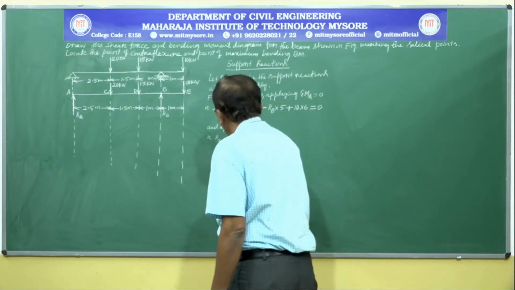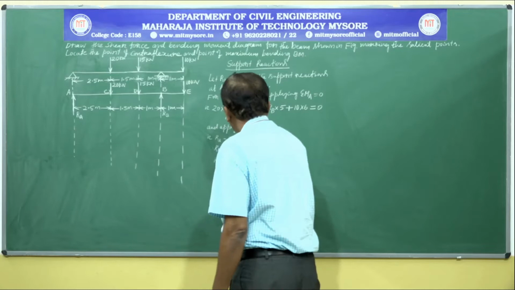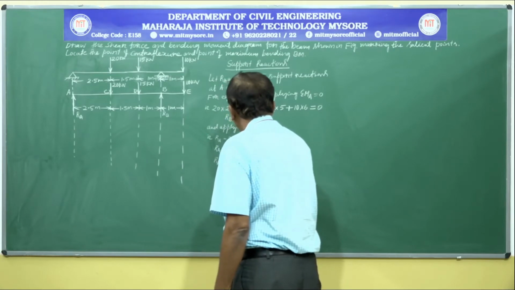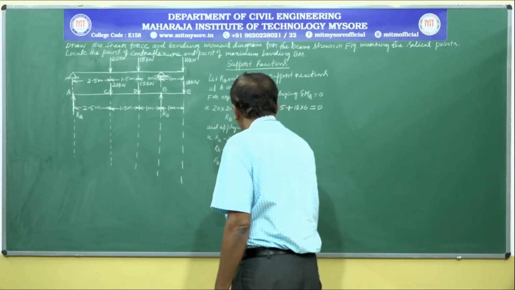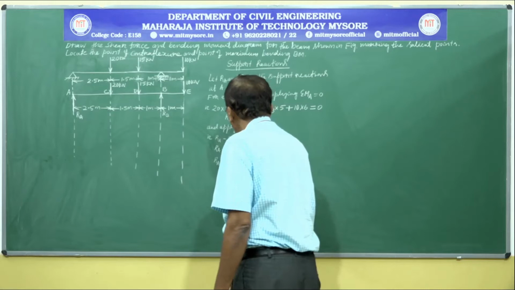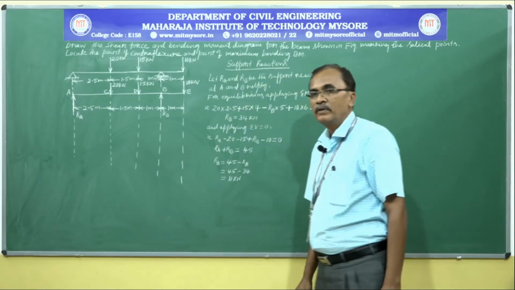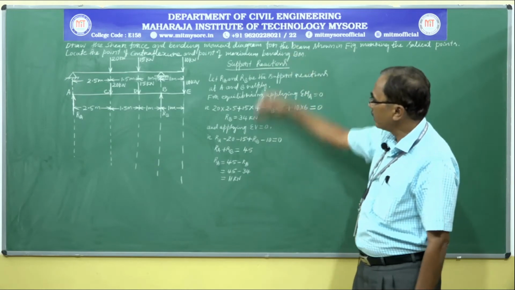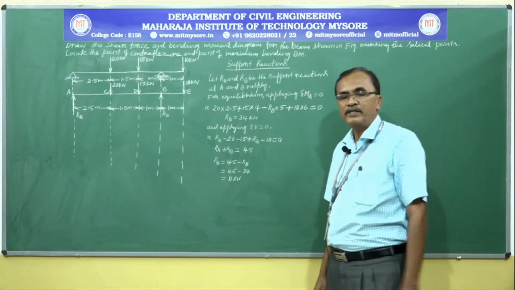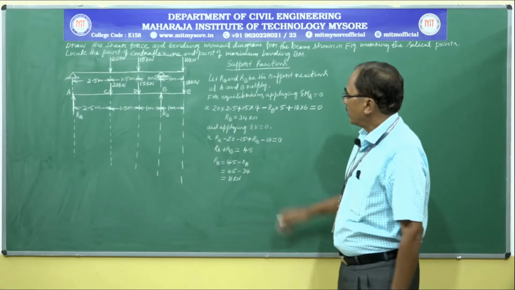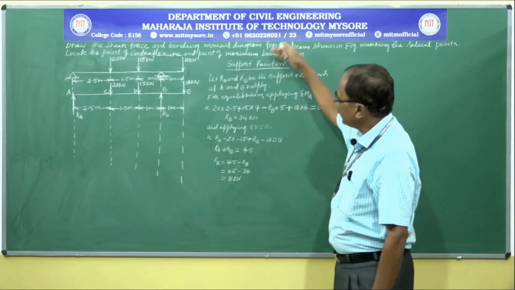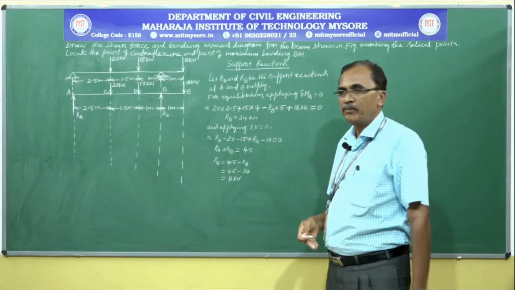Therefore, RA is equal to 45 minus RB, that is equal to 45 minus 34, which is equal to 11 kilonewton. So, like this we can quickly calculate support reactions, and it is the easiest approach to calculate support reactions.